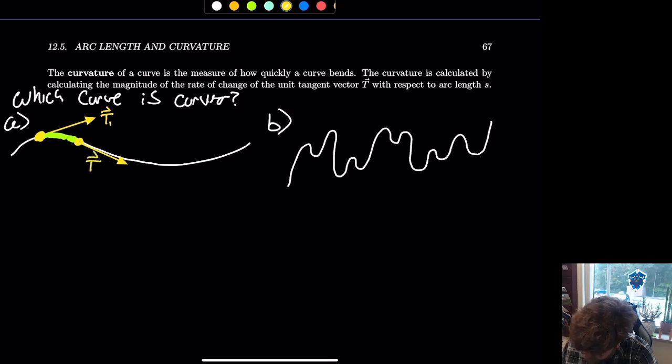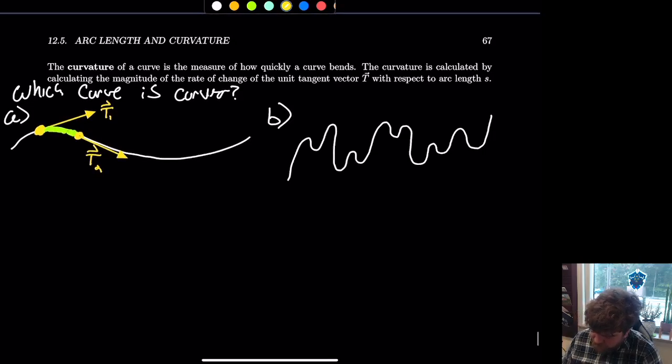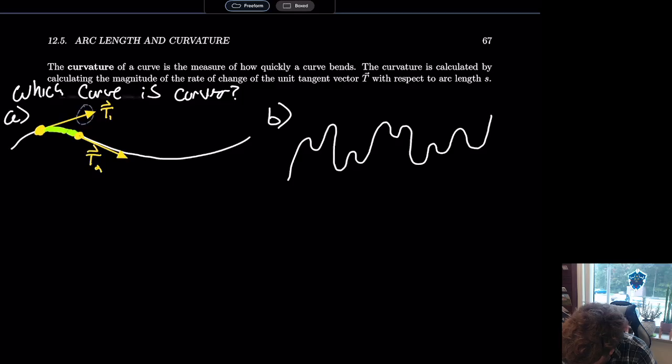So let me maybe label this T1 and T2. Right? So if I slide these together, right? Remember, vectors exist independent of their initial and terminal points. As long as they have the same magnitude and direction, they're the same vectors. So maybe what I'll do is I'll grab this vector T1, and I'll grab this vector T2.